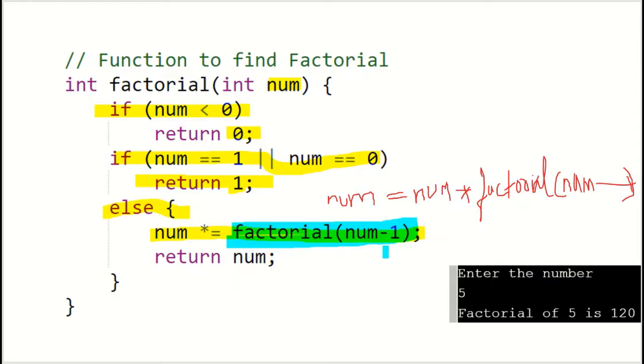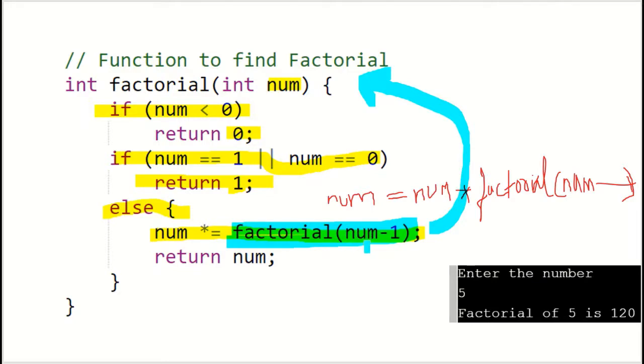So it will go back to the same program and again reach here. So num is equal to num star factorial of num minus 1, that is factorial of 3. So this process will continue until the value num minus 1 is equal to 1.